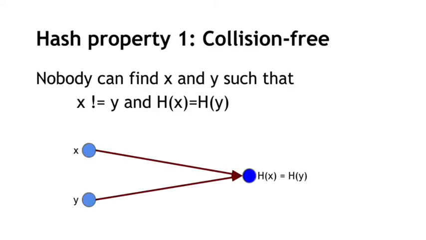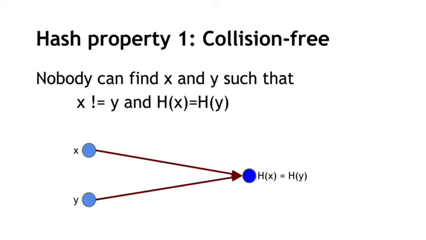And in order for it to be collision-free, it means that no one can find the values of x and y such that x and y are different and that the hash of x equals the hash of y. In other words, if the values of x and y are different, the hash of these values will not be the same.